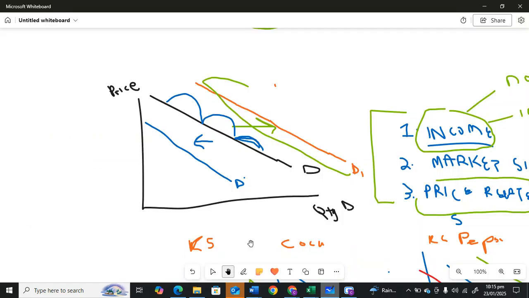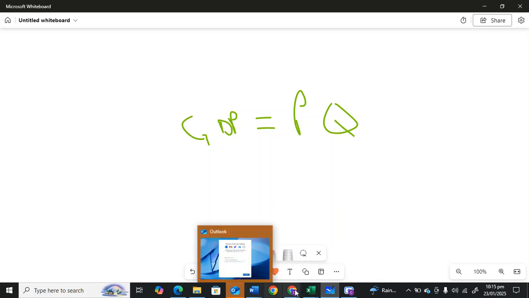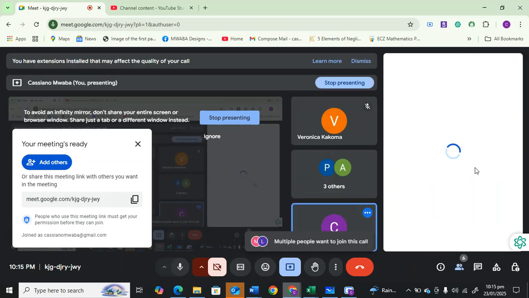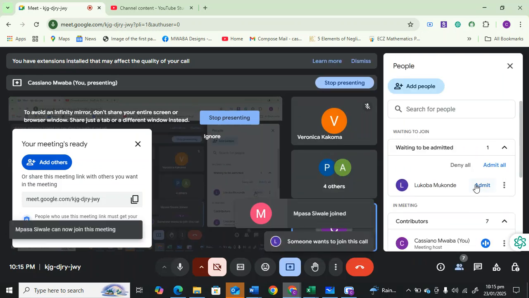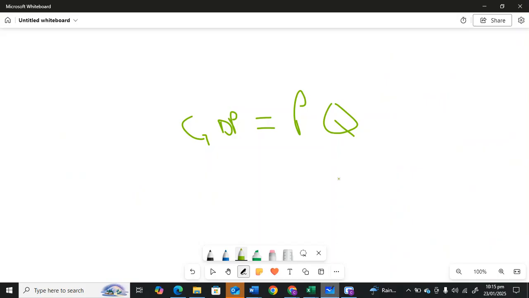Let's put this here. Price times quantity. Now, if the quantity doesn't increase, meaning we're not being productive, but the price increases, our GDP will look big and we think we're being productive.